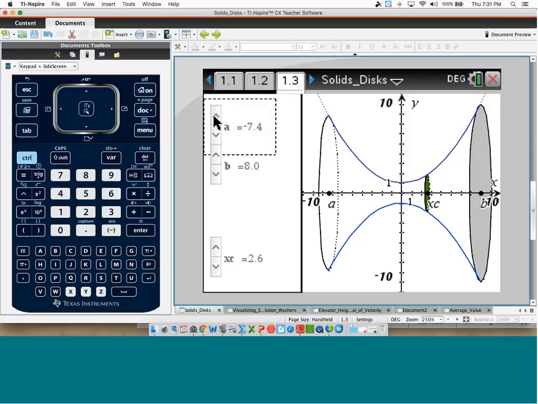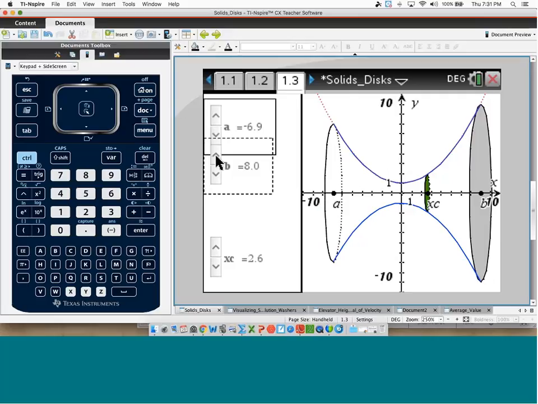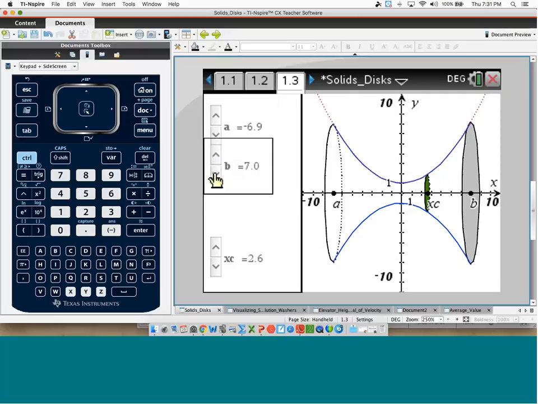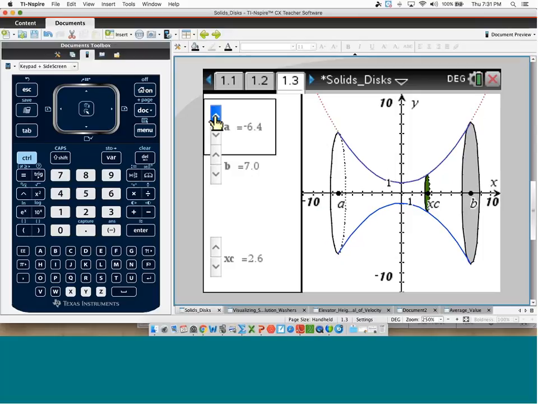That is something that we can change. We can change the interval that we're looking at. So I'm going to make it a little bit smaller on this side and a little bit smaller that way. So that is one thing that you're able to manipulate in this problem.